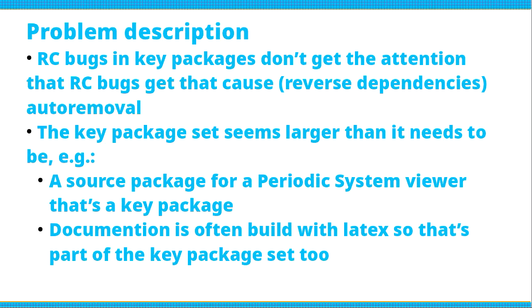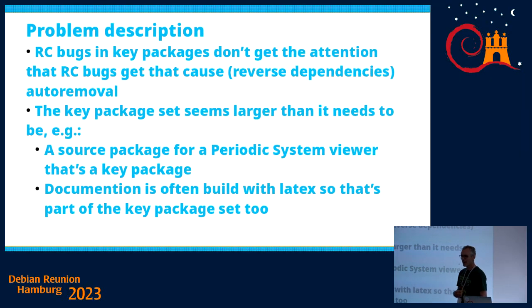Anyway, the problem that we have is that RC bugs in key packages don't get the attention that all the other RC bugs get. That's because hardly anybody knows about these bugs, because you don't get emails threatening to remove your package, so you don't need to fix it because it doesn't bother you.